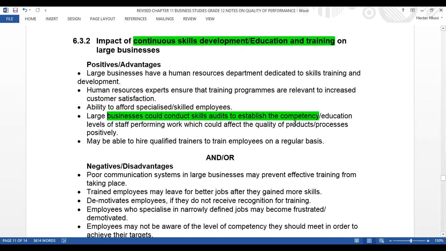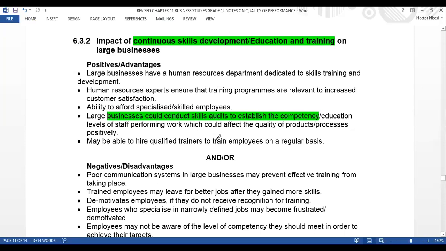And that's how businesses can see how their staff are going to perform, because the more competent you are, the more quality you're going to produce.